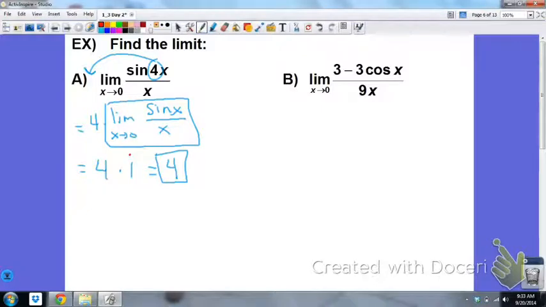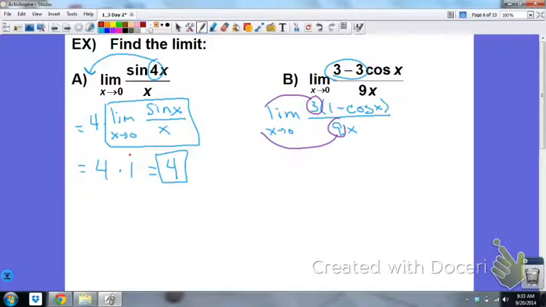Next up, we have the limit as x approaches 0 of 3 minus 3 cosine x over 9x. First thing you should think of is when in doubt, factor out. We can factor a 3 out of our numerator. So let's rewrite the limit as x approaches 0 of 3 times 1 minus cosine x over 9x. We can now take our leading coefficient of 3 and 9, pull both of those out front.